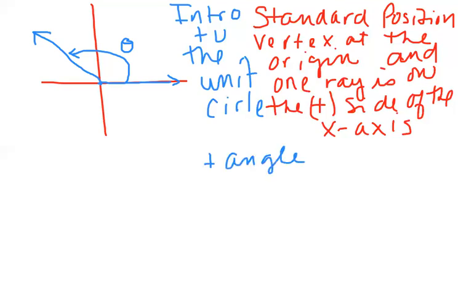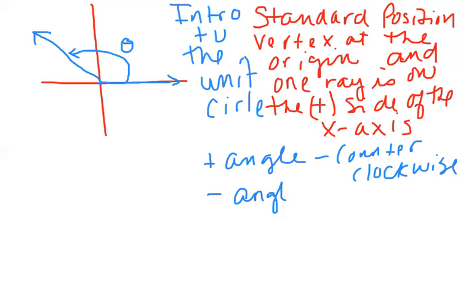And when we talk about a positive angle, we rotate it counterclockwise. However, when you talk about a negative angle, we rotate it clockwise. So if you're looking at this angle that I just drew here, theta, notice I'm rotating it counterclockwise. So this one is going to be a positive measure.